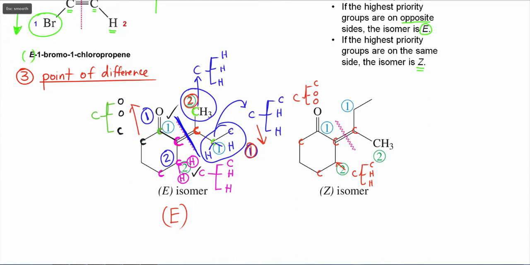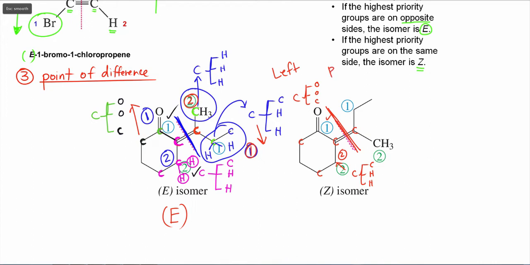So it should be O, O, C, and O, O, C is going to beat out C, H, H. So this gives priority 1, and by default, that's going to be 2. All right, so I prioritize the left side of the double bond.